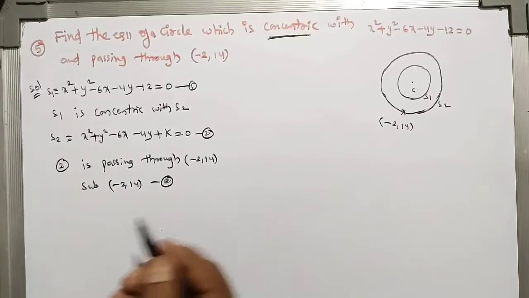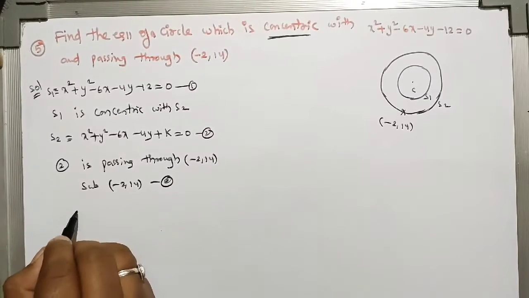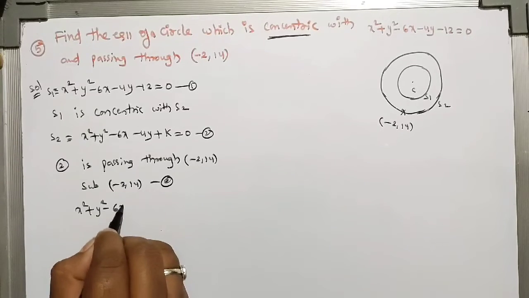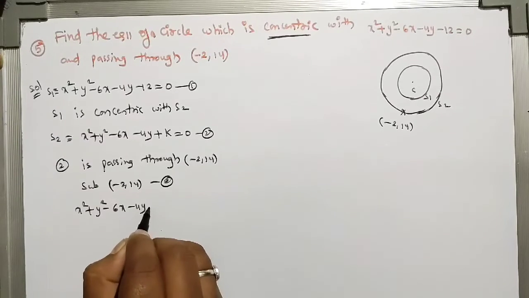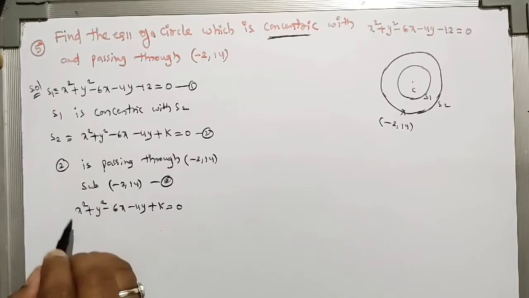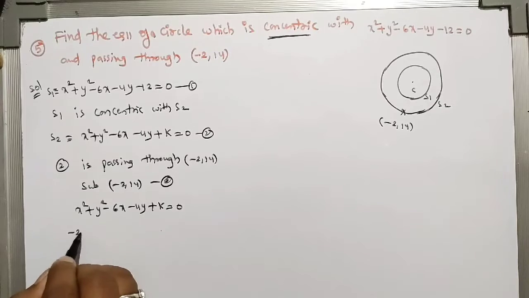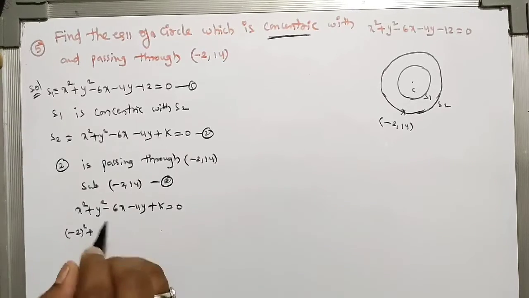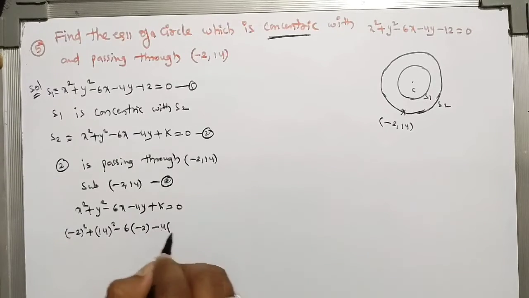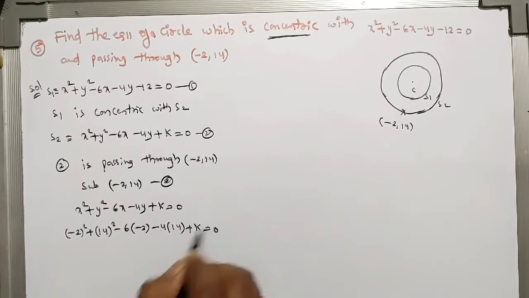Then you get x square plus y square minus 6x minus 4y plus k is equal to 0. Now write x value is minus 2. Therefore take minus 2 whole square plus 14 whole square minus 6 into x, which is minus 2, minus 4 into y, which is 14, plus k is equal to 0.